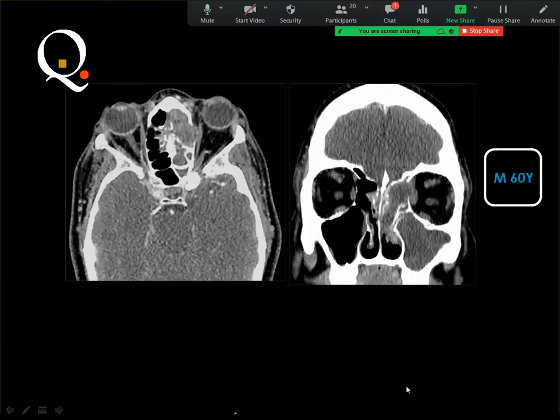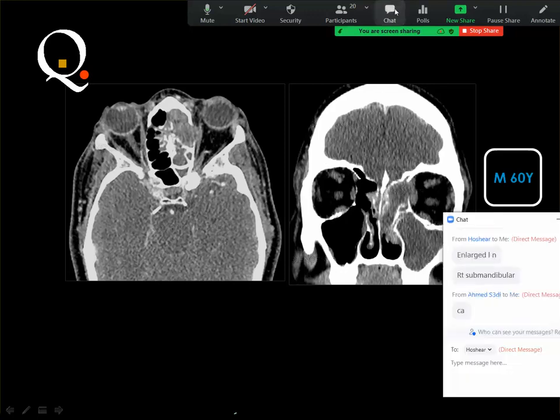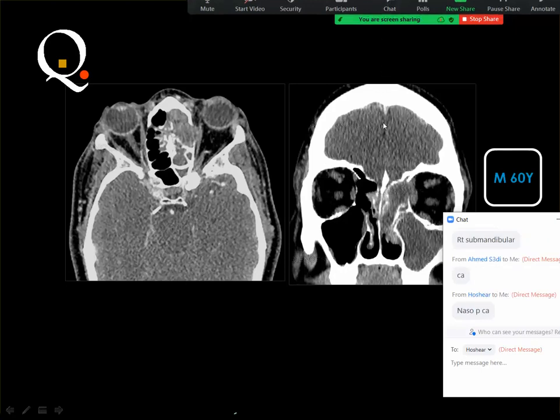Then in this patient, 60 years old, you got this appearance. There is a lesion in the ethmoidal air cells with erosion of the orbital wall and some intraorbital extension. Then, nasopharyngeal carcinoma?